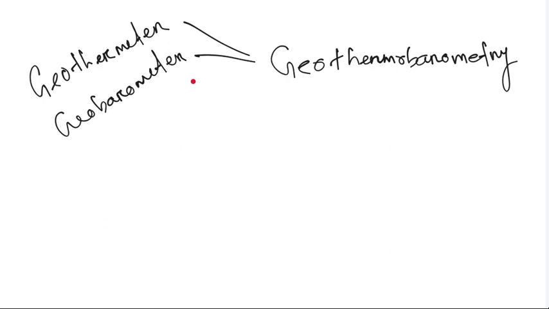Geothermobarometry is also a chapter in metamorphism, so I am just giving an introduction. Next time when I teach geothermobarometry, I will show you the reactions. Geothermobarometry consists of two systems: one is the geothermometer, another is the geobarometer.